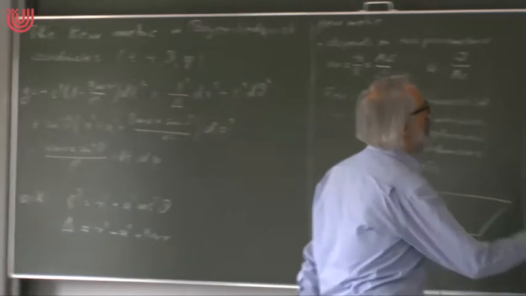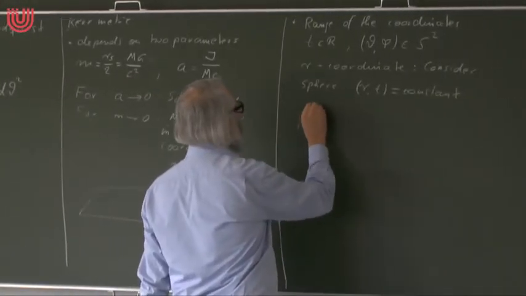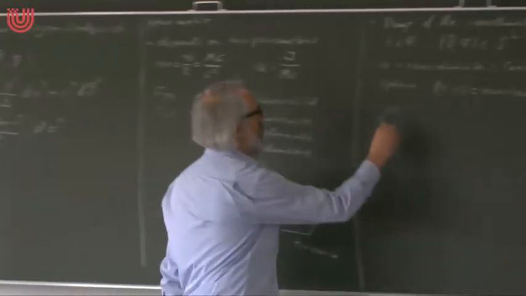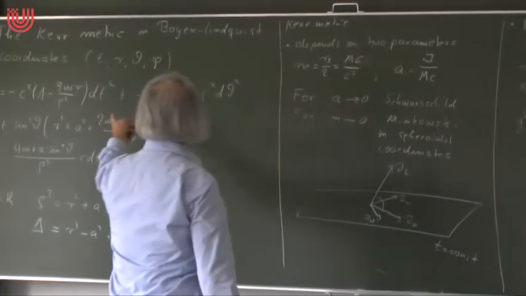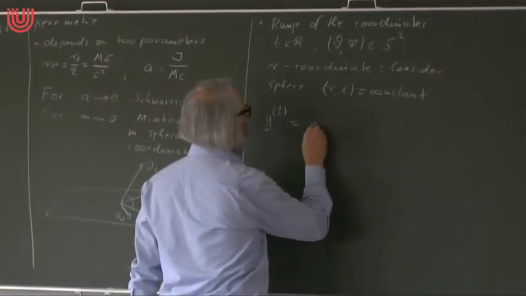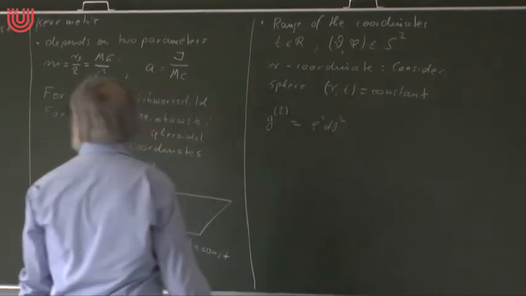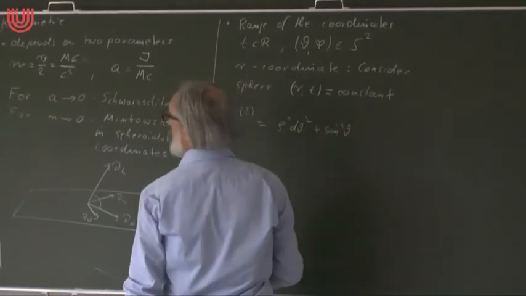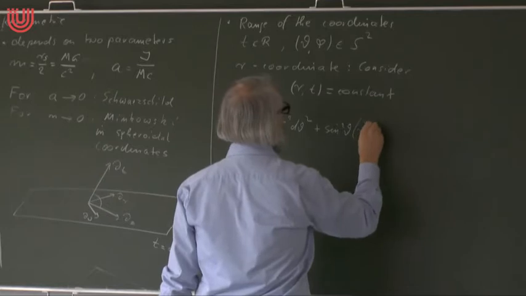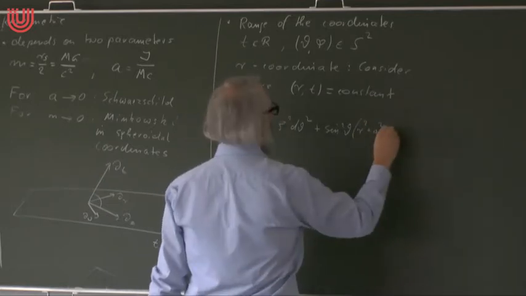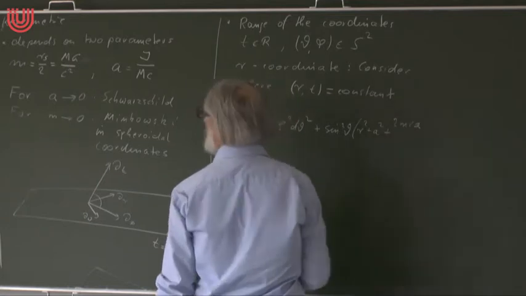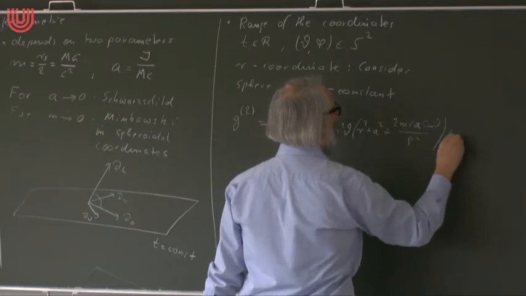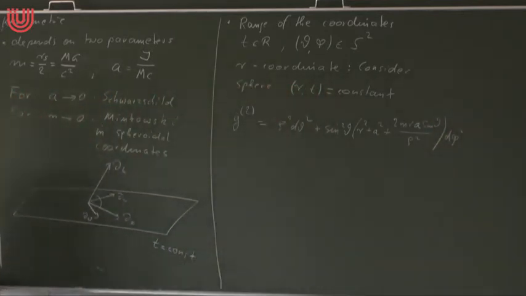And let's see what's the metric on this two-sphere. It's a metric on a two-dimensional manifold, parameterized by theta and phi. Let me denote it in this way. And you can read what the metric is. So the first two terms are gone. Then we have rho squared d theta squared. And we have the d phi squared term: (r squared plus a squared plus 2mar sine theta over rho squared) sine squared theta d phi squared.